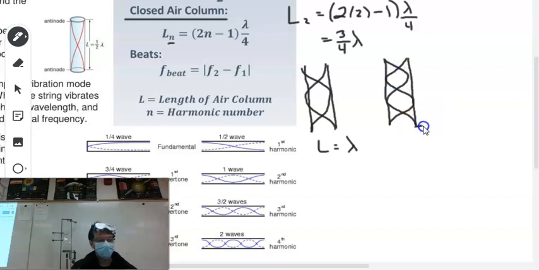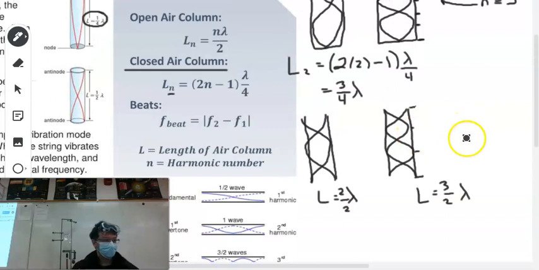In this case, we have half a wavelength, 1 wavelength, and then 1.5 wavelengths, which would be 3/2 wavelengths. So you can start to see a pattern here. 1/2, 2/2, right? If you want to think of it as 2/2. 3/2. Next one would be 4/2, 5/2, 6/2, 7/2, and so on.